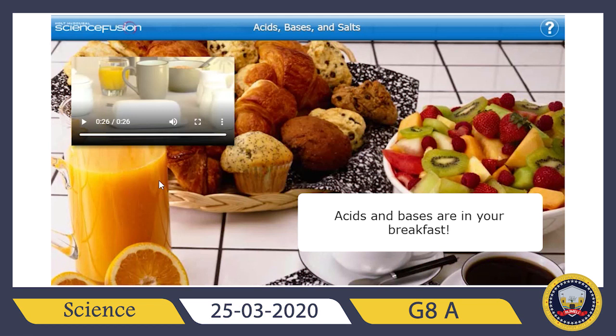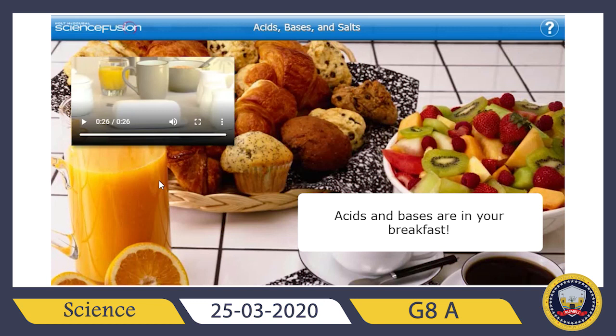And your body also has some acids or bases. For example, your blood is an example of a base. On the other hand, the saliva in your mouth is an example of an acid. Also, you have acids in your stomach to digest food.